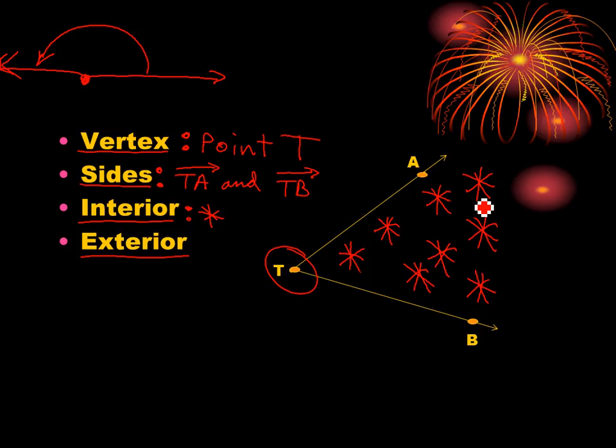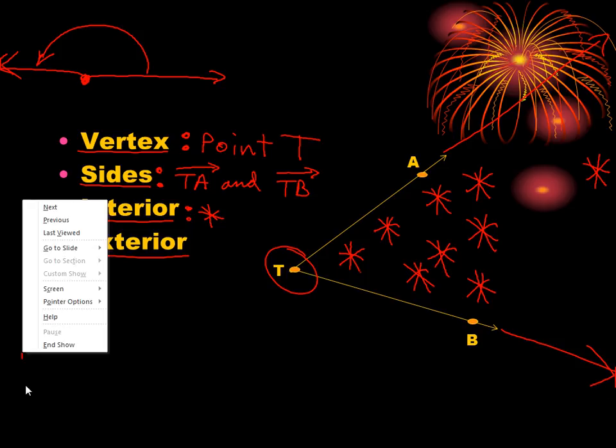That's all interior. How about some point out here? Is that on the interior of the angle? Yeah, because what happens with the angle, with the sides? They keep going on forever. So anything that falls in that range is going to be on the interior. Where do you think the exterior is at?